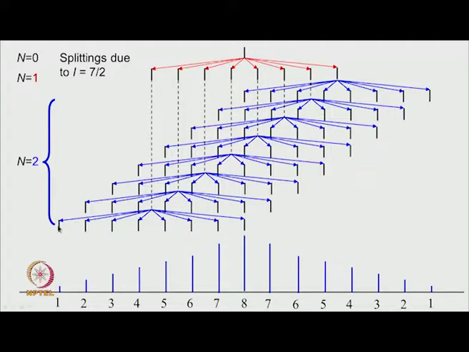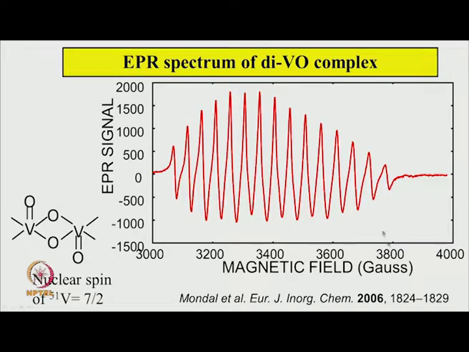So, count the number of lines that I can see here. At this intensity 1, there are 2 lines. So, the intensity will be 2. If you count all of them, there will be 15 lines with the intensities 1, 2, 3, 4, 5, 6, 7, 8, 7, 6, 5, 4, 3, 2, 1, and this is what is seen here.